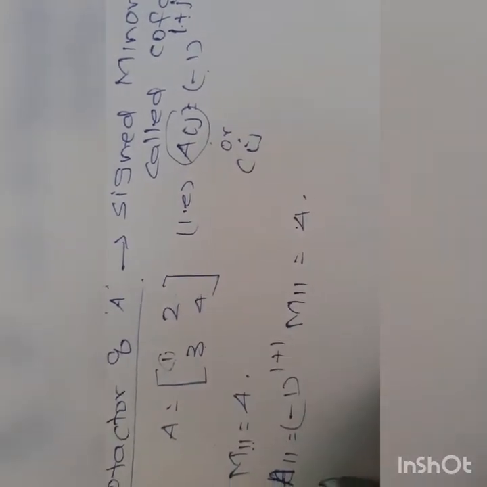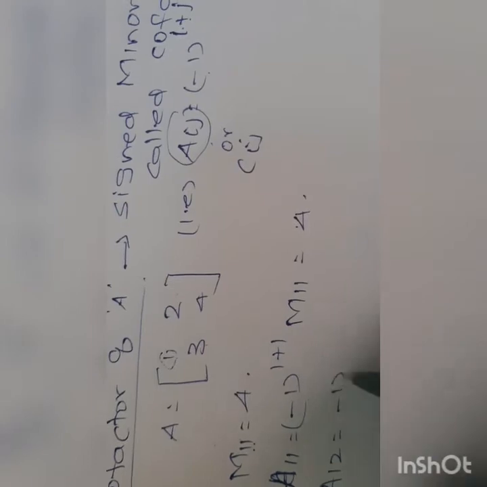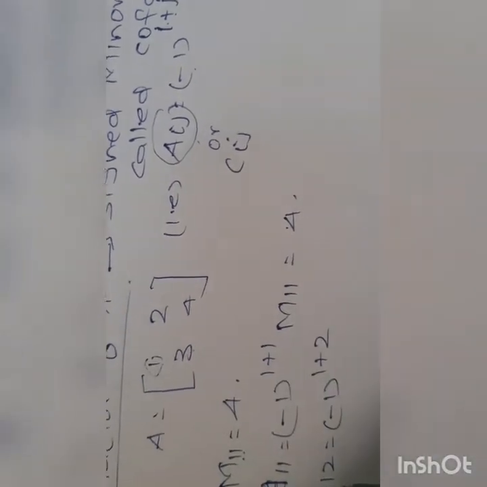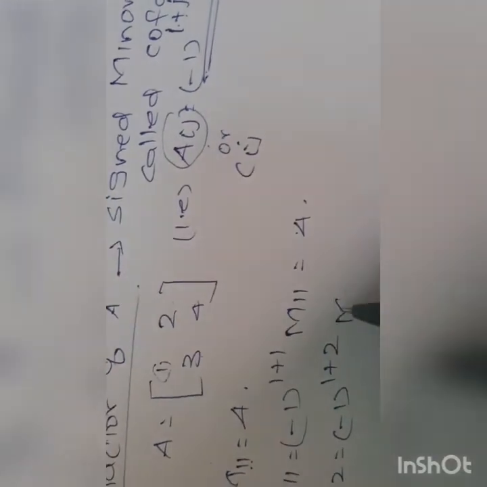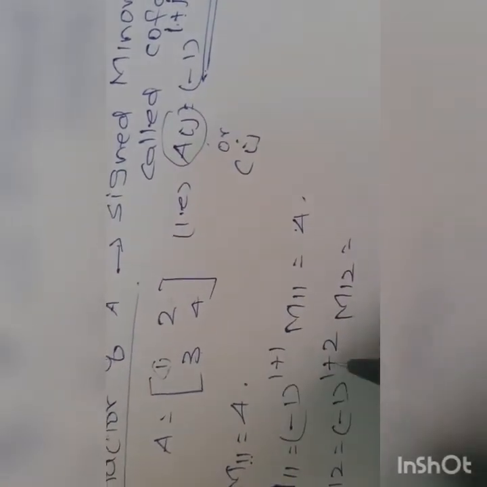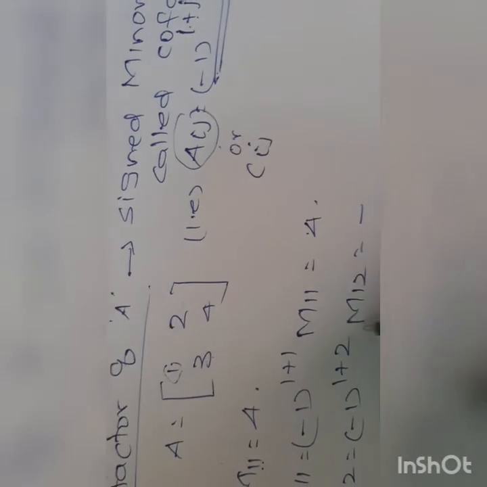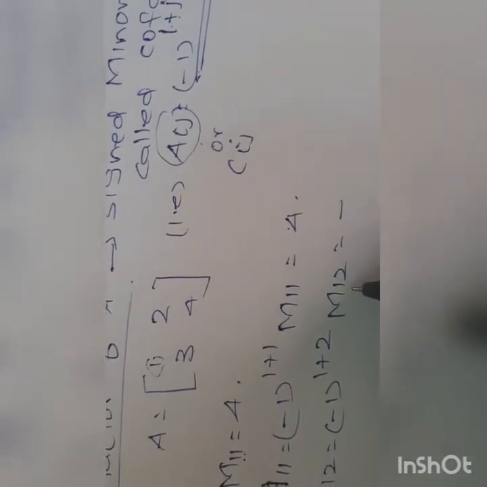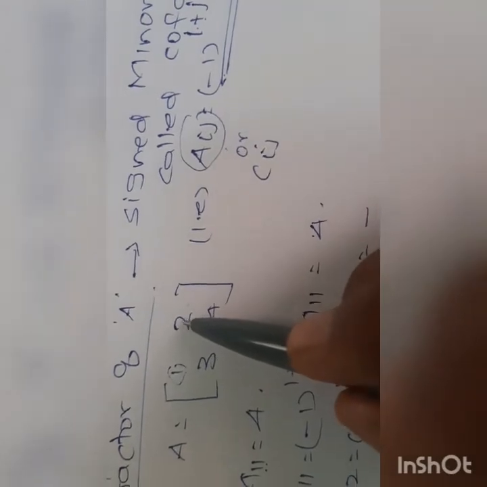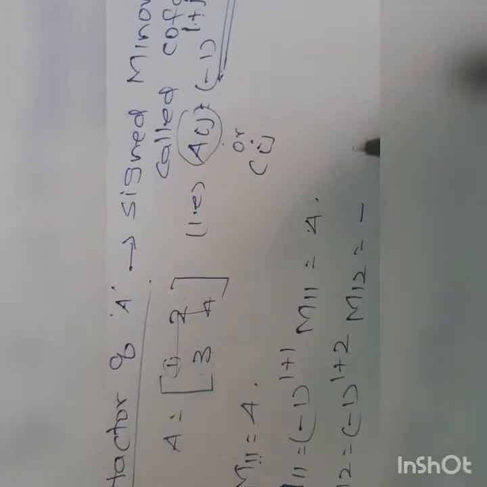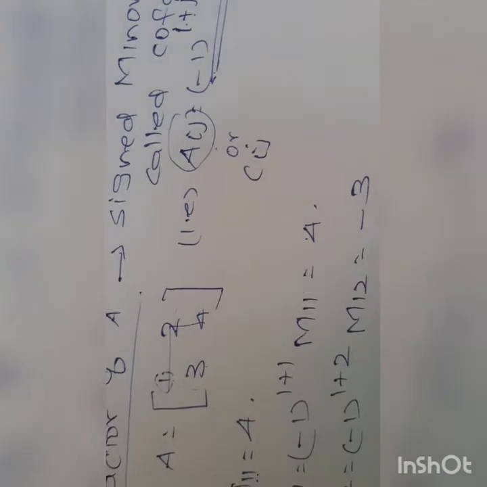Now to find A12, (-1)^(1+2), i is 1, j is 2, into M12, that is minus 1 power 3, nothing but minus. What is M12? That is the minor of the first row, second element. Deleting the row and column, we get 3. So the cofactor is minus 3.